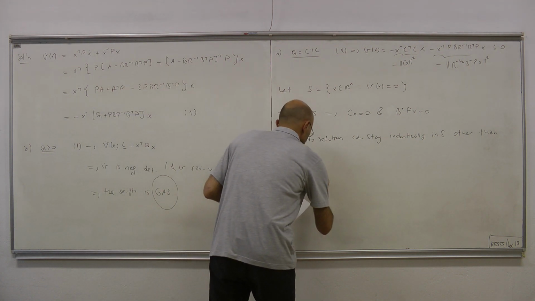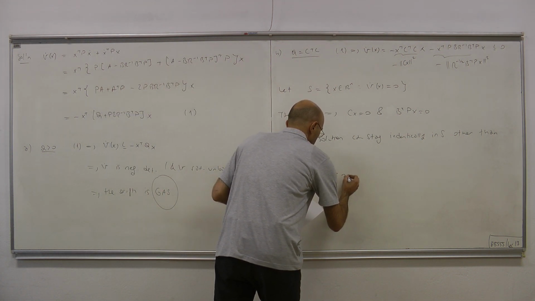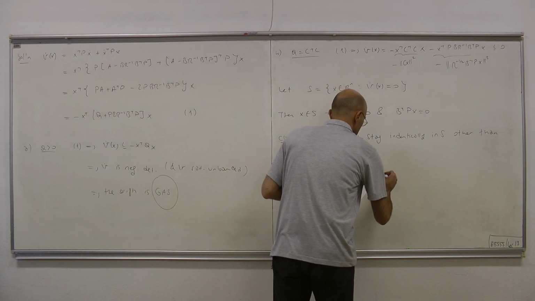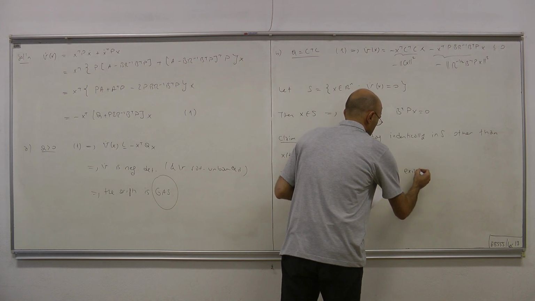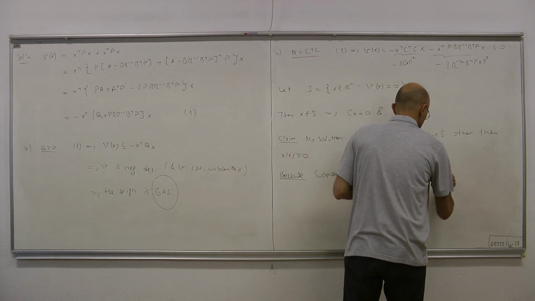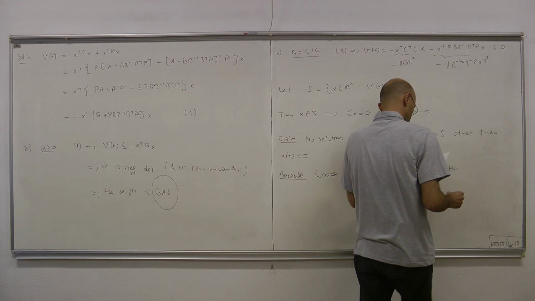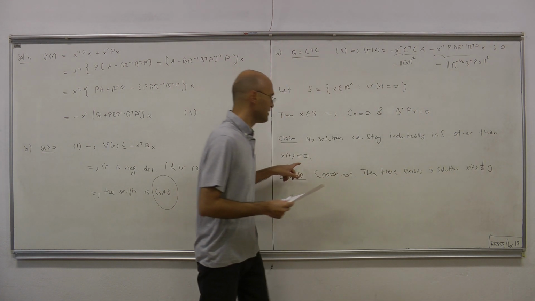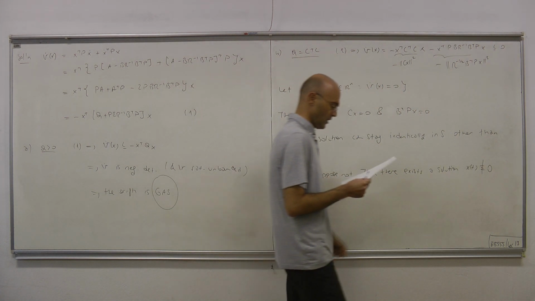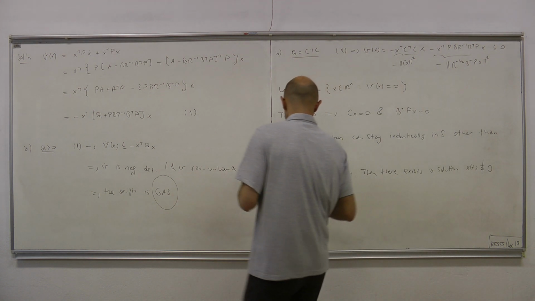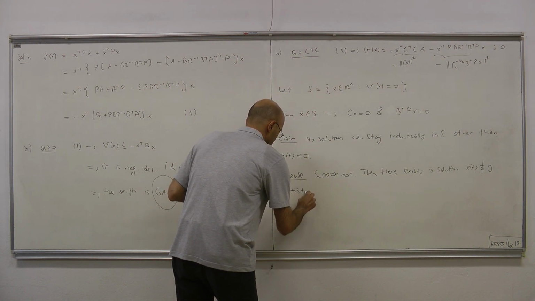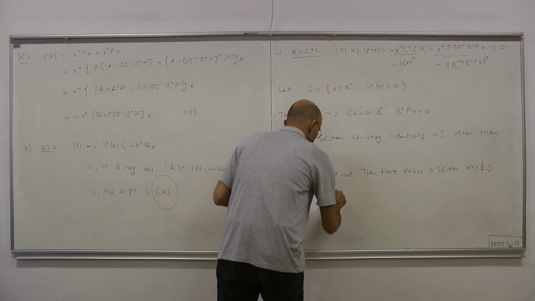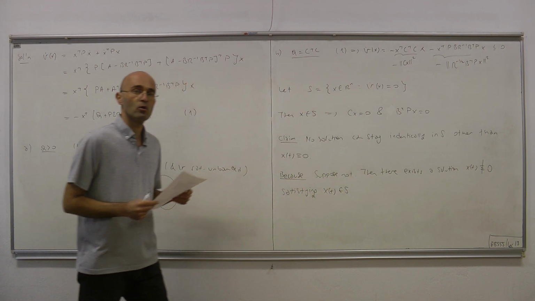Okay. Suppose now. Then there exists a solution different than the 0 solution, satisfying x of t belongs to S for all times.